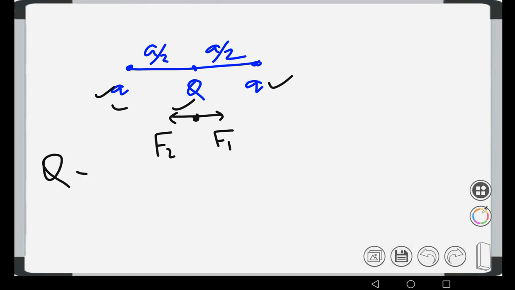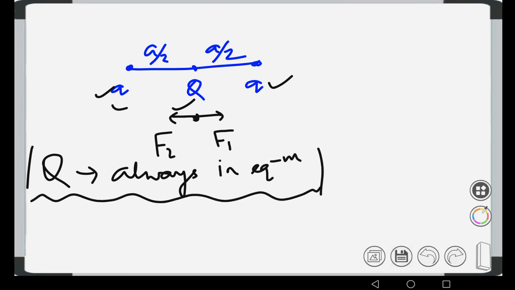So capital Q is always in equilibrium, whatever the relation between small q and capital Q, it doesn't matter. Capital Q always remains in equilibrium. Now the question is, what about the small q's?